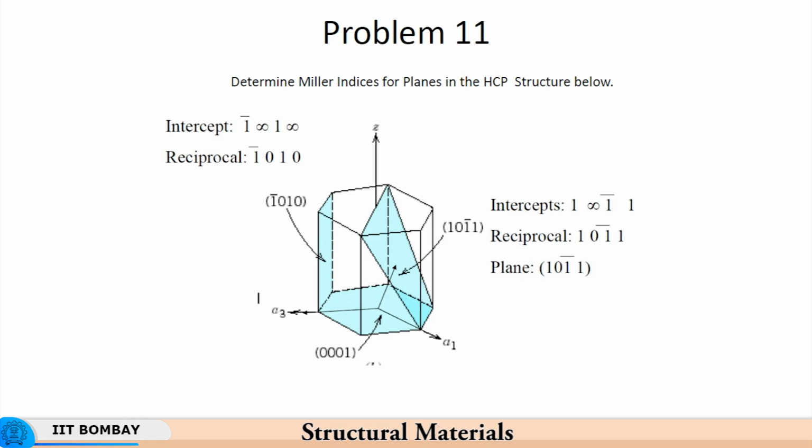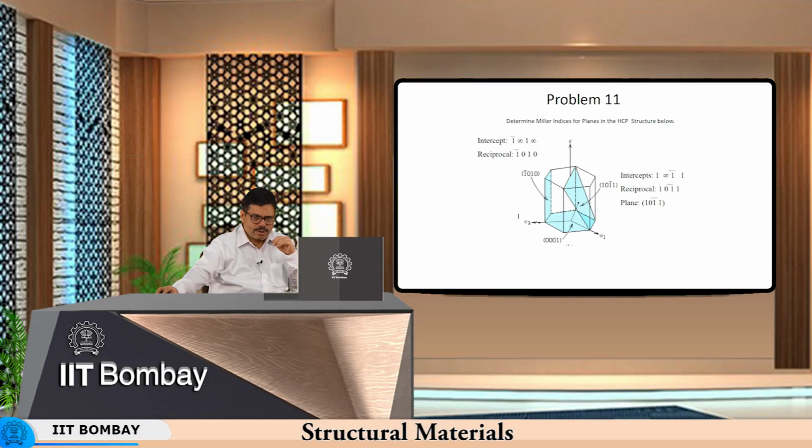So, A1 intercept is +1, A3 intercept is -1, A2 intercept is infinity because it is parallel to A2, and Z intercept is equal to 1. So, you take the reciprocals and then you get 1, 0, bar 1, 1. So, 1, 0, bar 1, 1 is this plane.